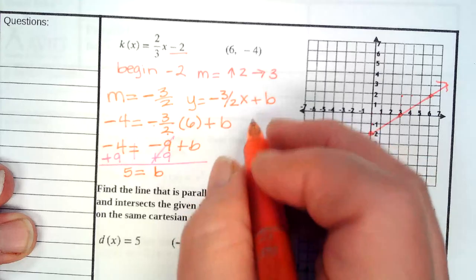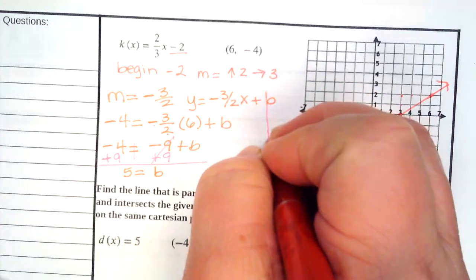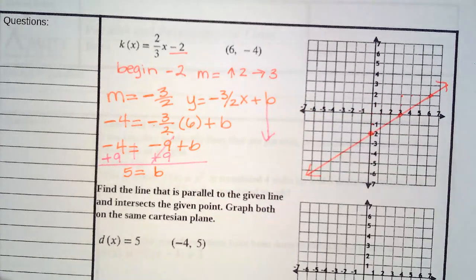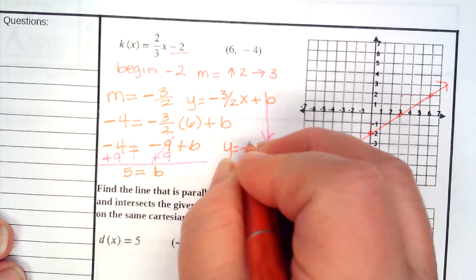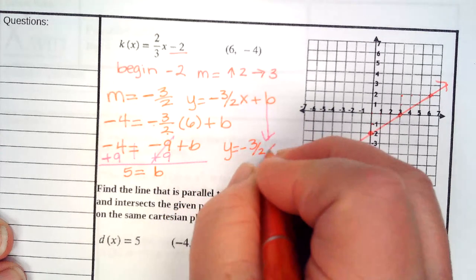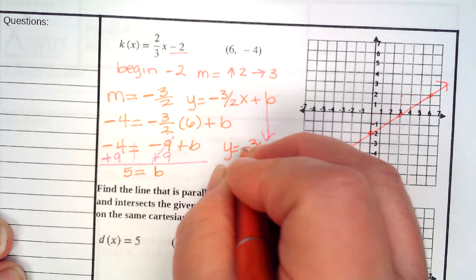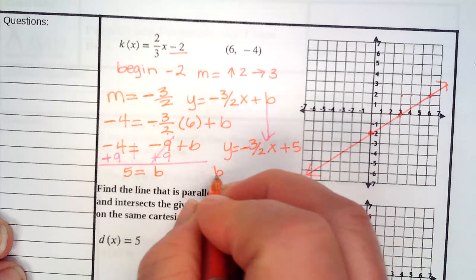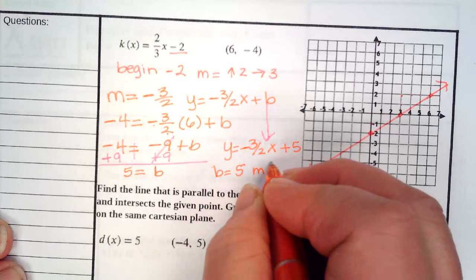Now bring my equation down. Add the b in. Y is equal to negative 3 over 2x plus 5. Where do I begin? I begin at 5. How do I move?